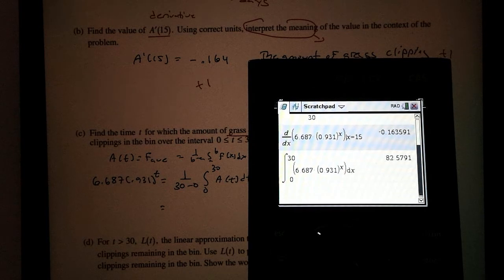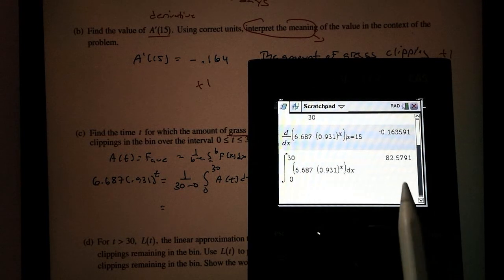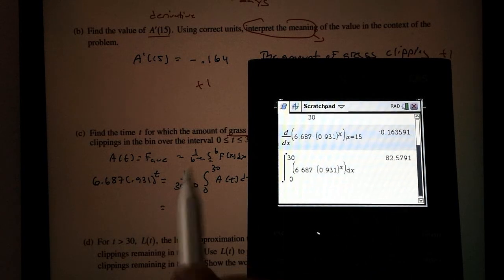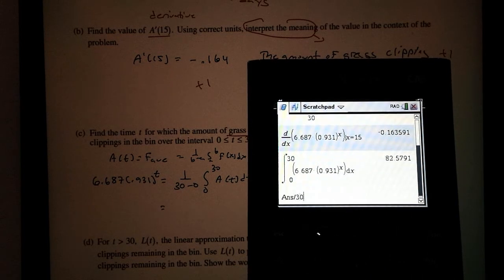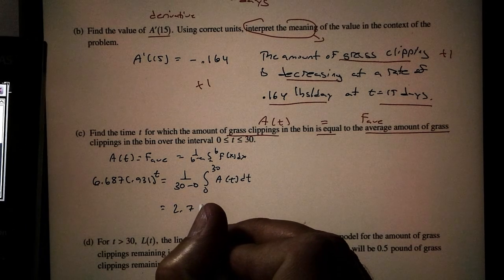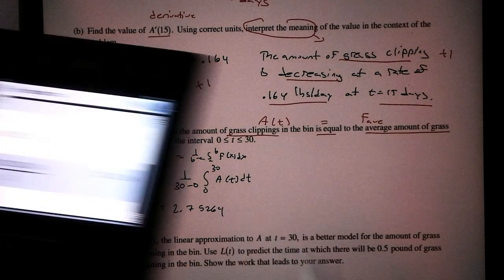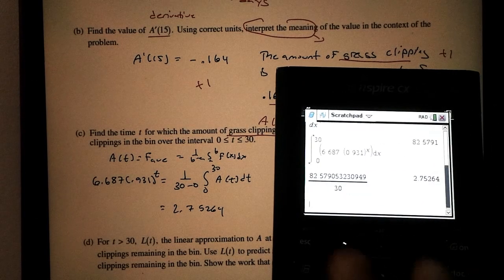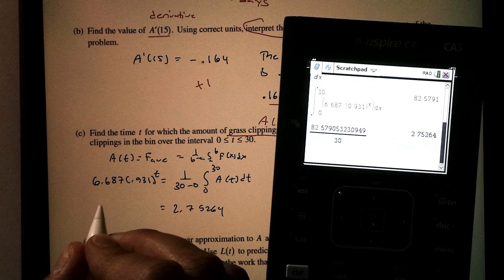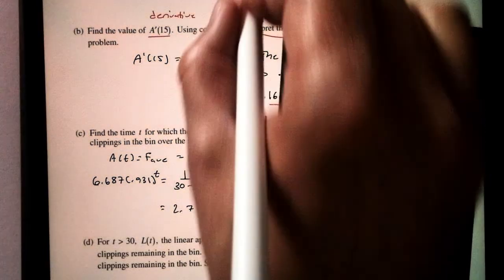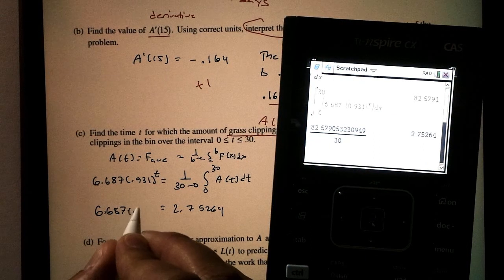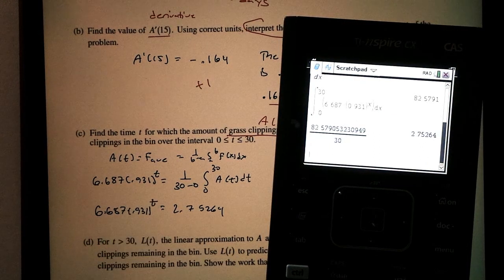Press enter, and I get 82.5791. But remember, I have to divide that by 30 still. So I divide that by 30, and we get 2.75264. Now notice I go out pretty far right now, okay? And this is going to equal my A of t, 6.687 times 0.931 to the t.